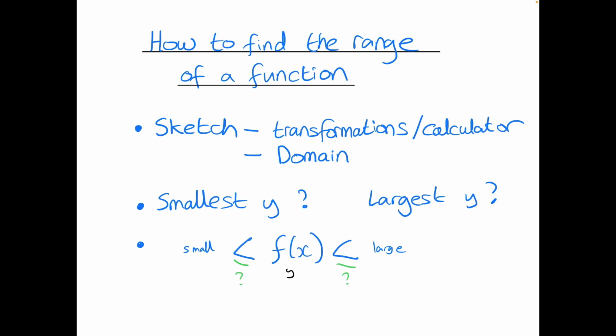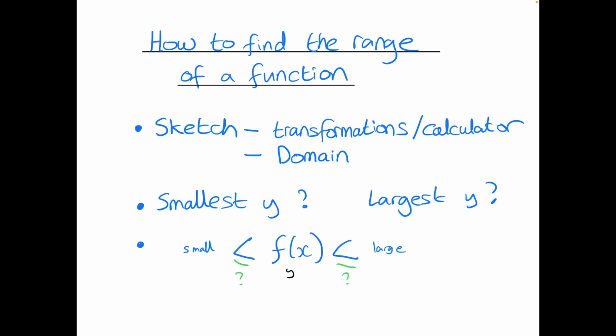We're going to consider the domain, and then once we've sketched it, we're going to have a look at the y-axis and think, what's the smallest value of y? What's the largest value of y? And then we're going to write that down as an inequality, saying that f of x is greater than the smallest value and less than the largest value. You could use y instead of f of x if you prefer.